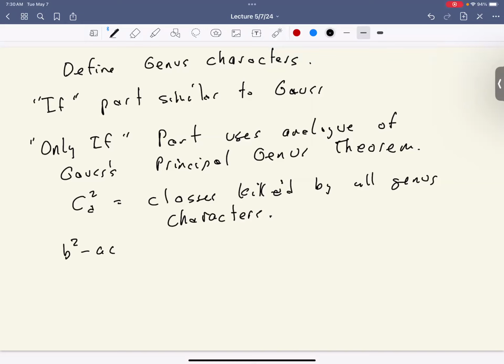But the reduction theory heavily uses this property, ultimately, that there are finitely many integers of bounded norm. We all like that property, right? There are finitely many integers of bounded norm.